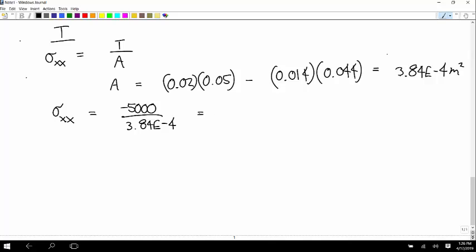What do you get for that? Okay, so our stress tensor due to tension compression is negative 1.302 times 10 to the 7, zeros everywhere else.